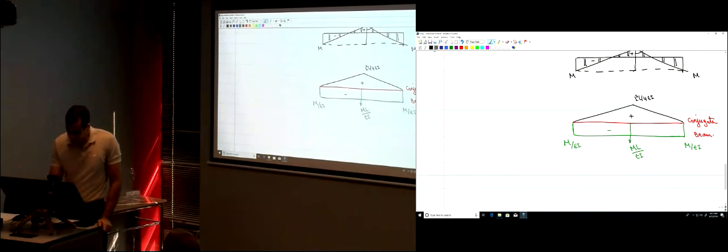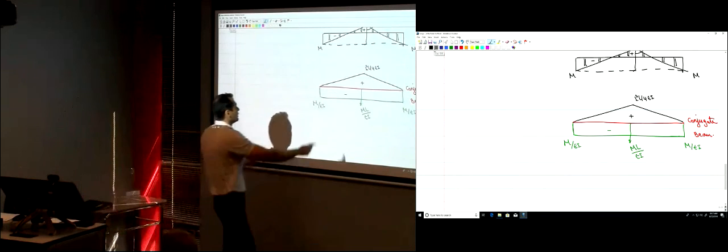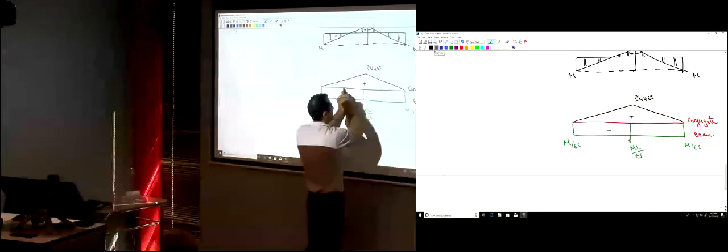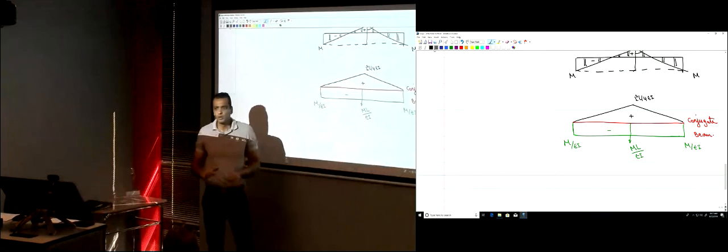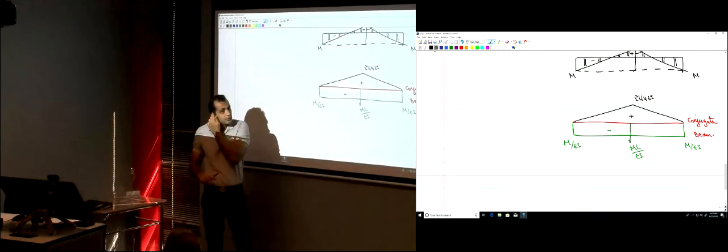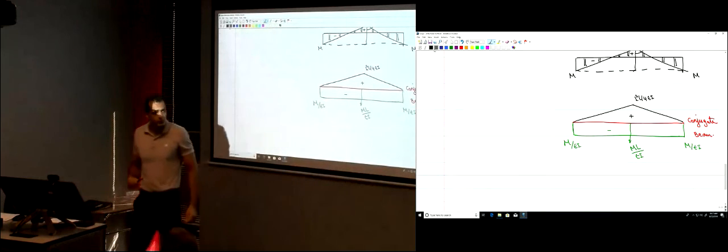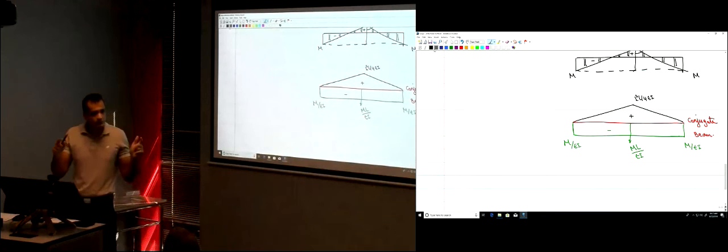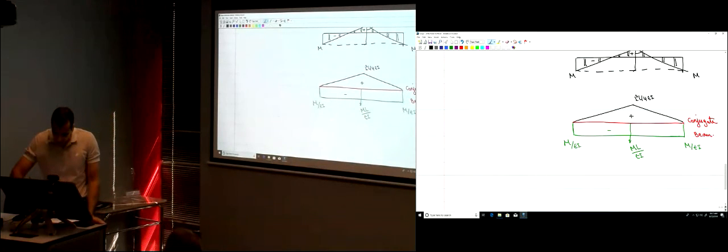What about that triangular load? I just want to remove this triangular load and put an equivalent force. Where would that equivalent force be? It's a symmetric triangle. So where's the centroid of that triangle? Right in the middle here.